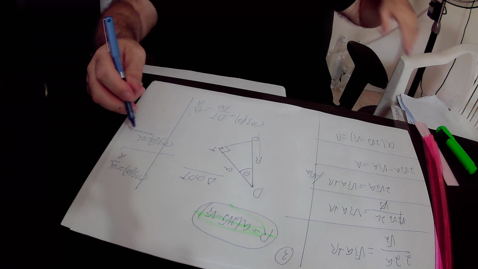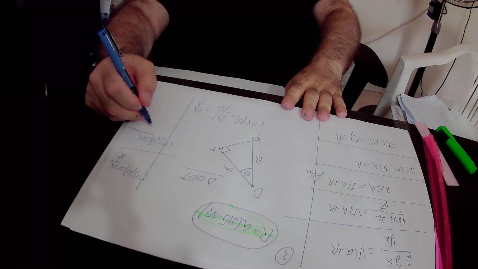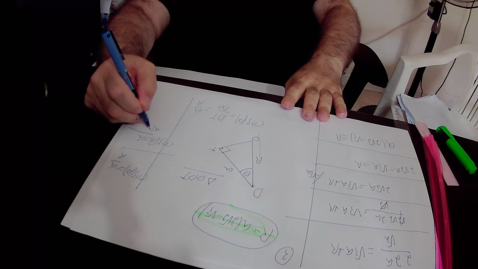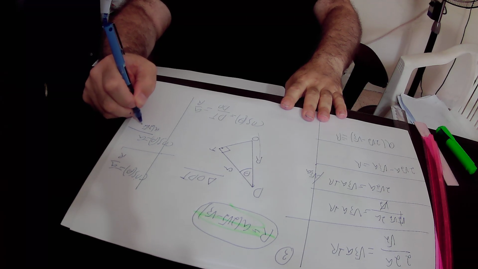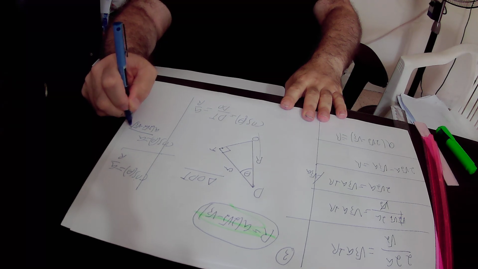Therefore we substitute R by A times (2 times square root of 2 minus square root of 3).